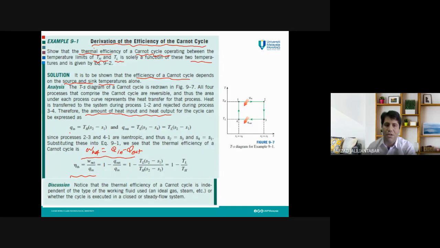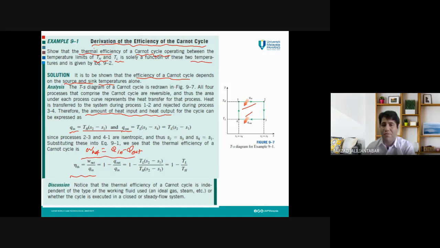First of all, we need to calculate Q in and Q out for this cycle. You already know that Q in and Q out for a cycle on a TS diagram is the area under that process.